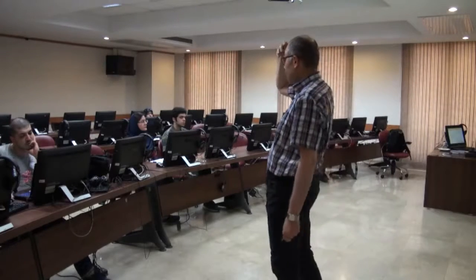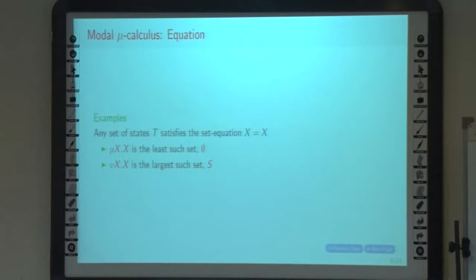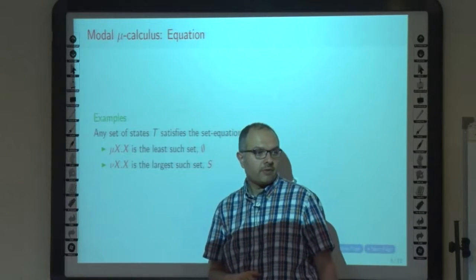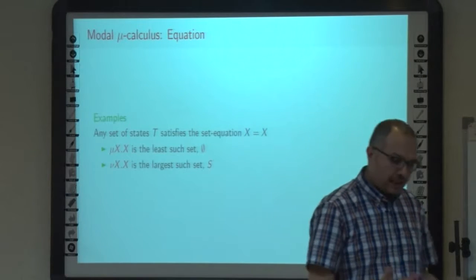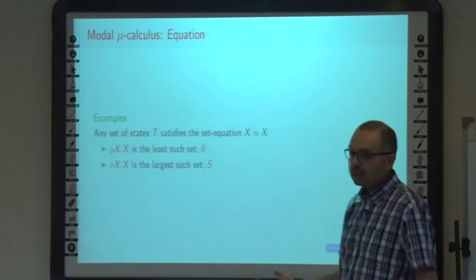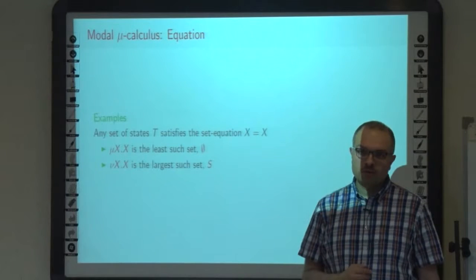Mu x dot x results in the empty set of states. It's false, basically, right? So mu x dot x is logically equivalent to false. Is this clear? And nu x dot x is the maximal set of states that satisfy x equals x, and that's the set of all states. So nu x dot x is logically equivalent to true. Right?